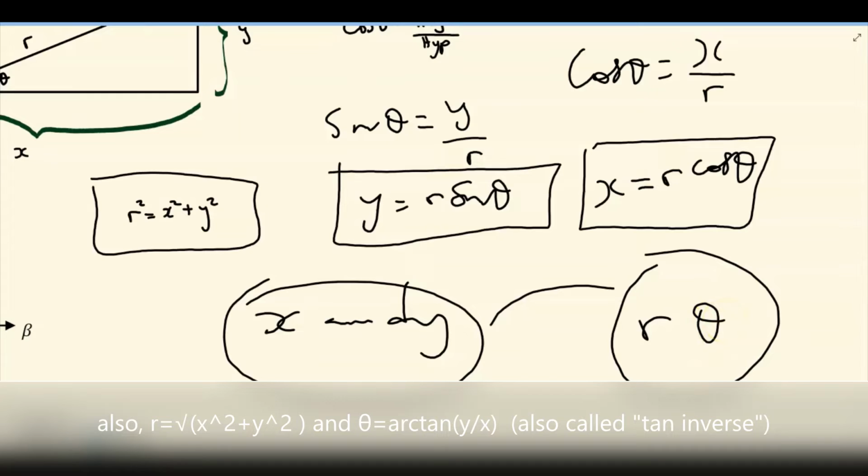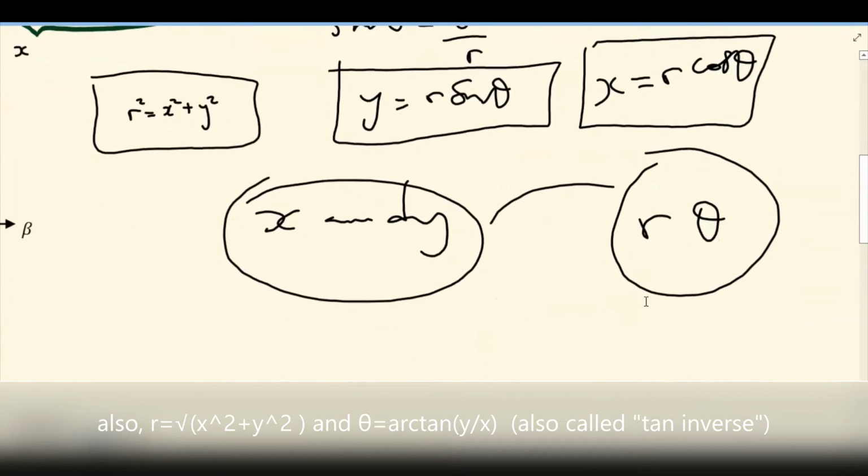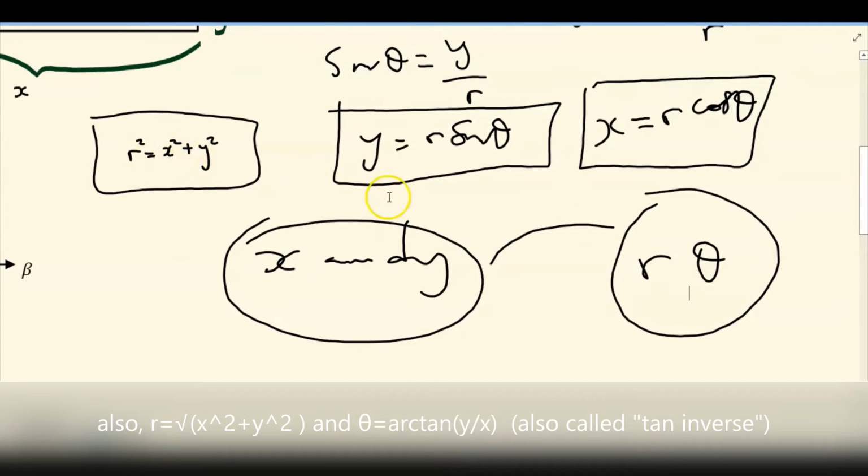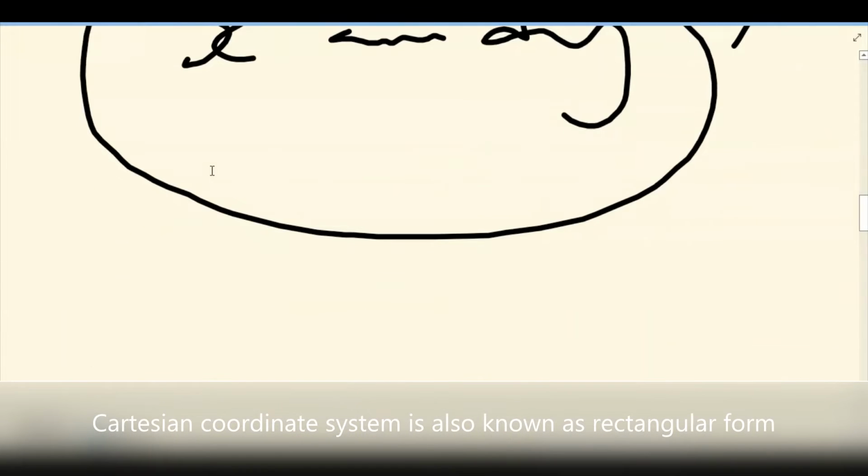Okay, so from polar to rectangular form, you need to make sure that in the polar form it has only r and theta, and for you to move from polar to rectangular, you need to make sure that your equation has x and y. And basically what we'll be doing is we'll just be playing around with these three equations here. All right, so that's what we need to know. What we basically are going to be doing.